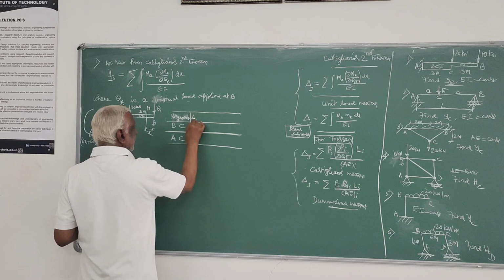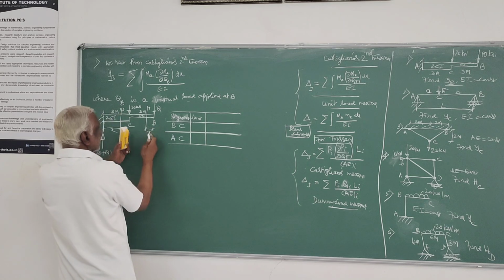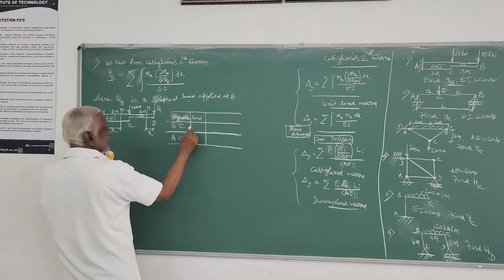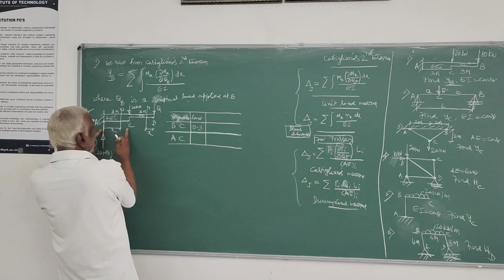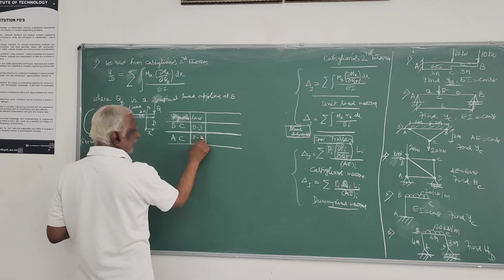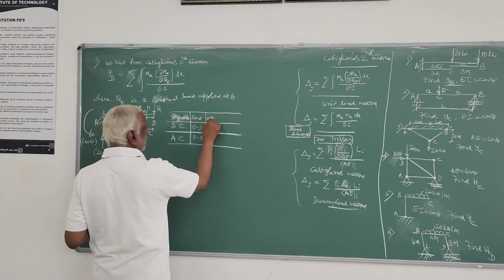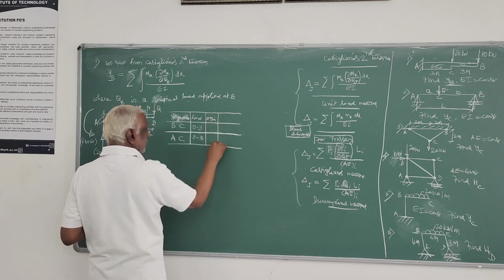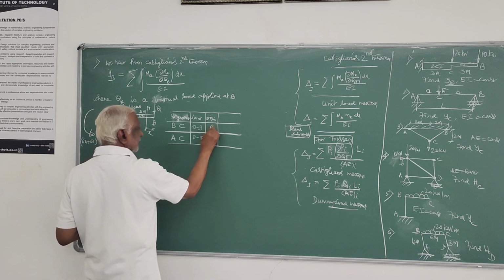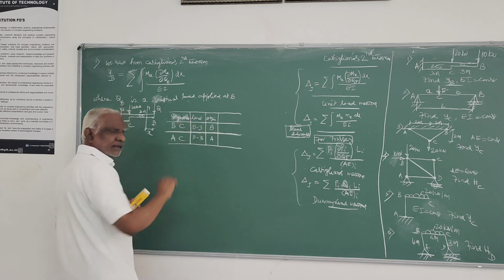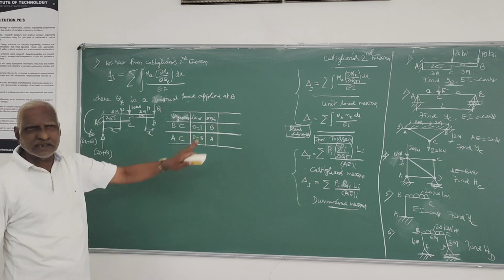So here the integration limit for BC is x equal to 0 to x equal to 3. Here also x equals 0 to x equals 3. Both integration limits are the same. And origin: here it is B, here it is A, is the origin.